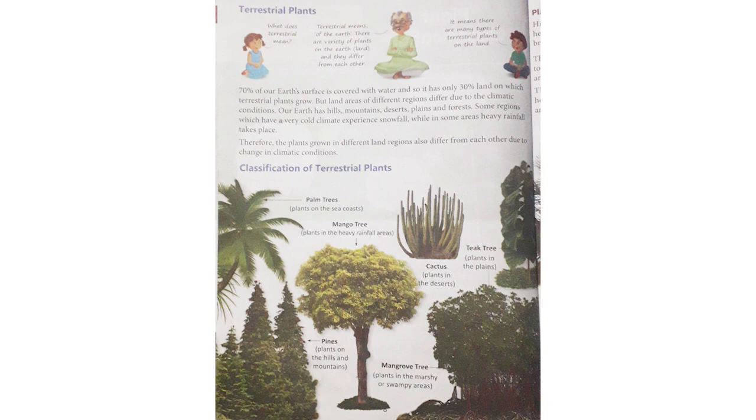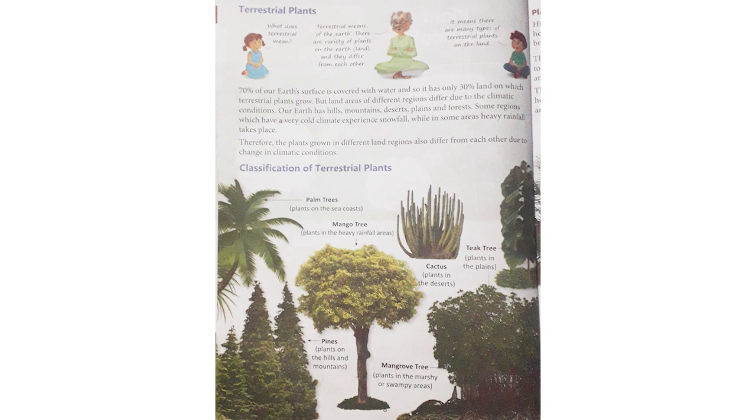As we all know, 70% of our earth's surface is covered with water. So there is only 30% land on which terrestrial plants grow. But we know that the land area of different regions differs due to climate condition. Everywhere the climate is different. Our earth has hills, mountains, deserts, plains and forests.